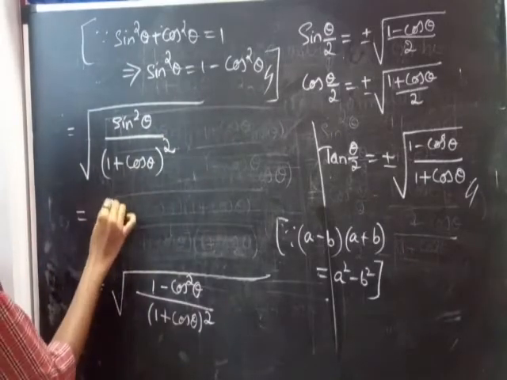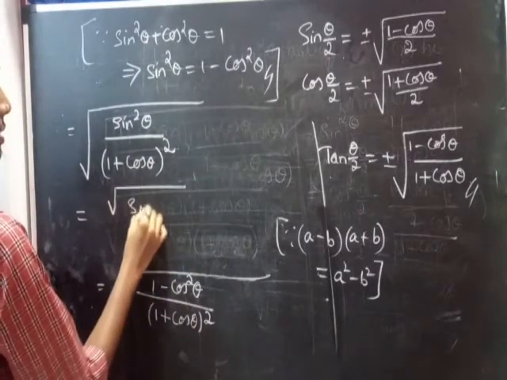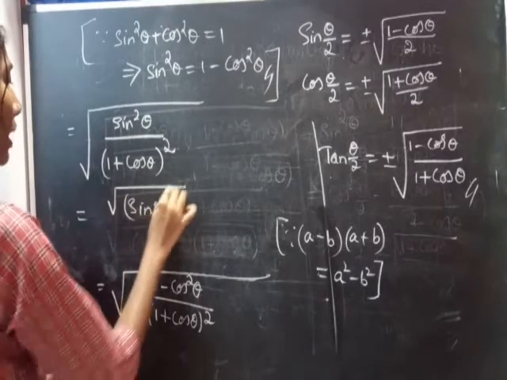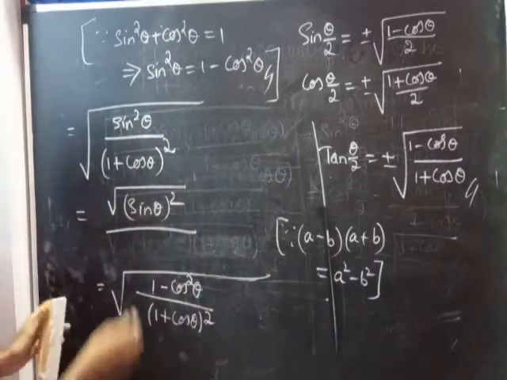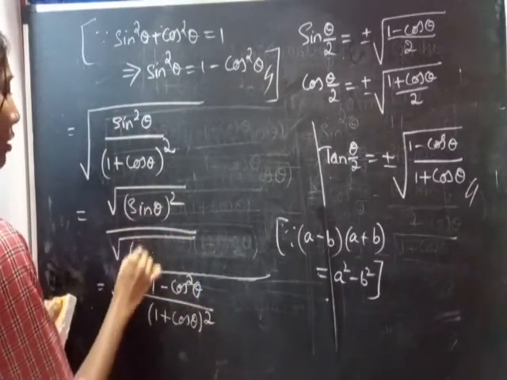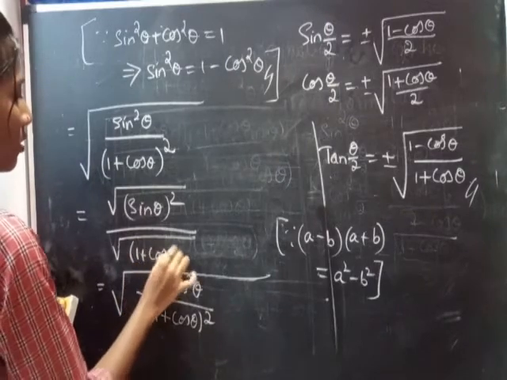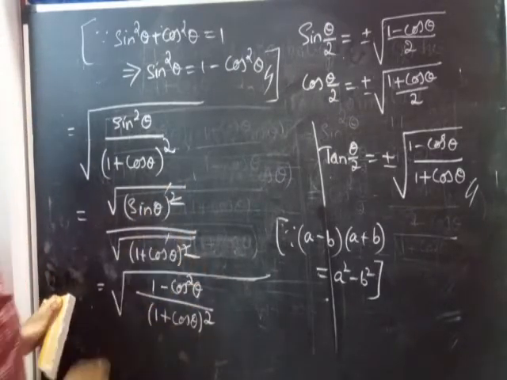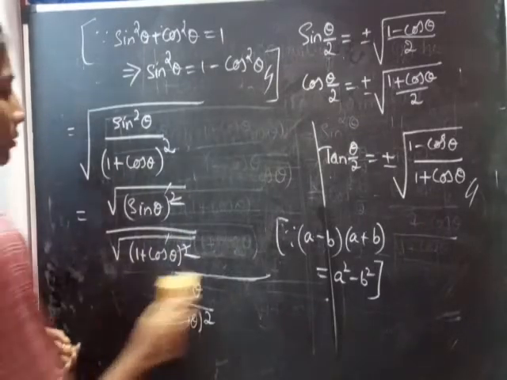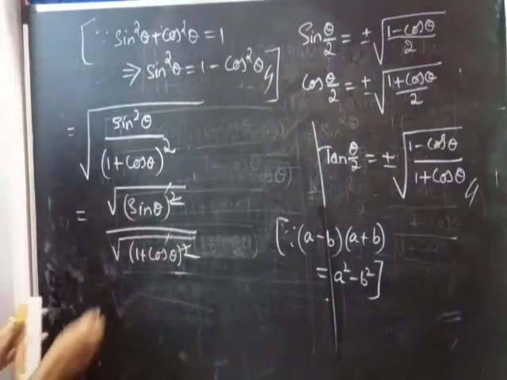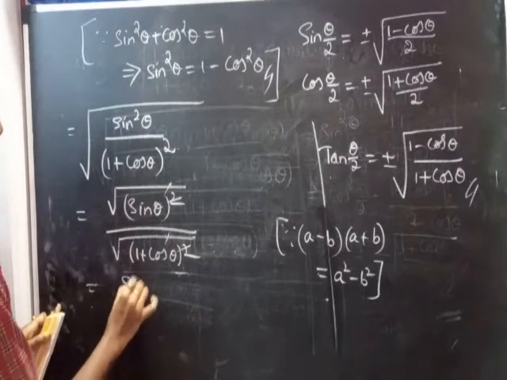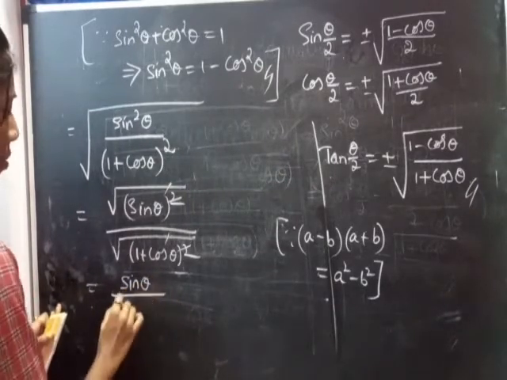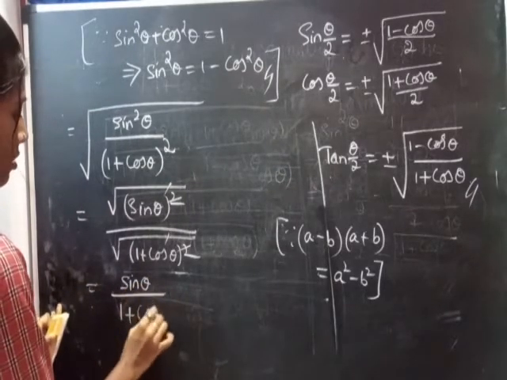So this equals root over (sin theta) whole square by root over (1 plus cos theta) whole square. So root and square get cancelled. So finally you'll get sin theta by 1 plus cos theta.